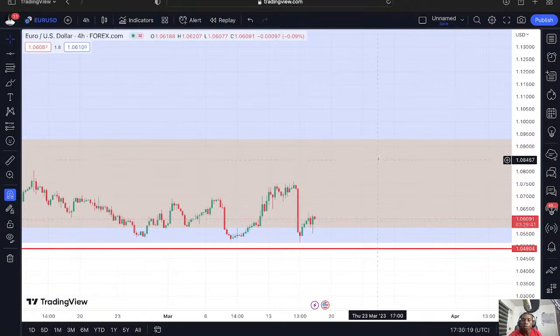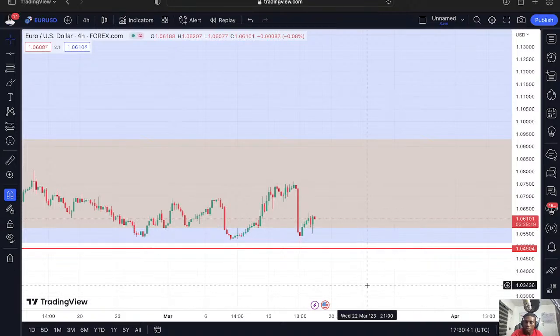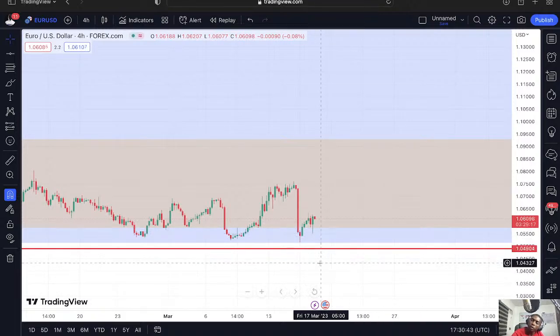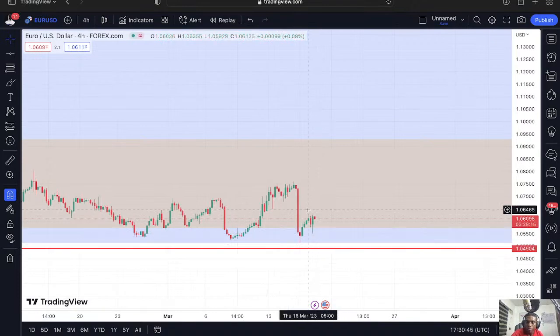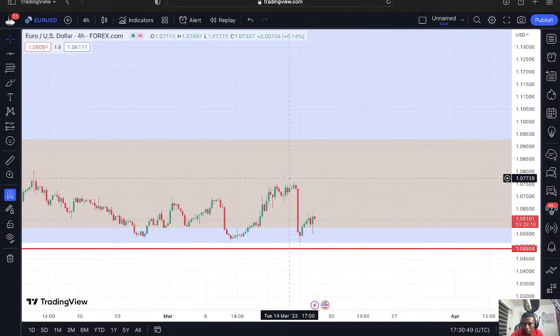So if we put our buy order here and our sell order here, it triggers when it gets there. When the market goes up, it triggers, and as it's going up, we are in profit. But when the market goes down as well, it triggers, and if it keeps going down, we are in profit. This is very important to consider.